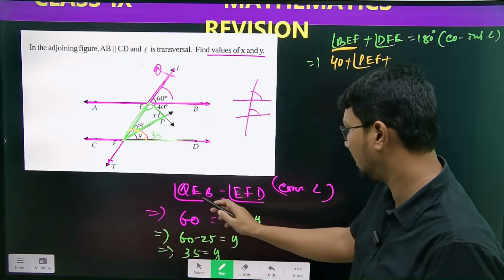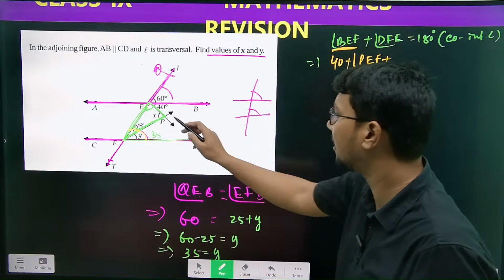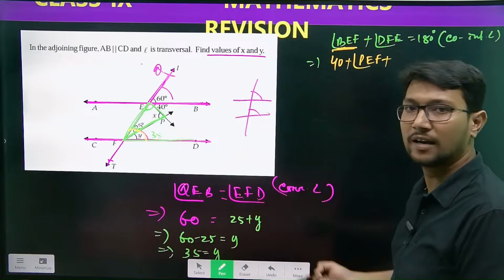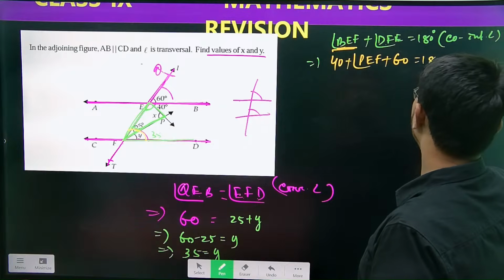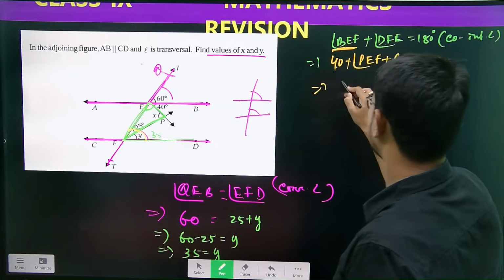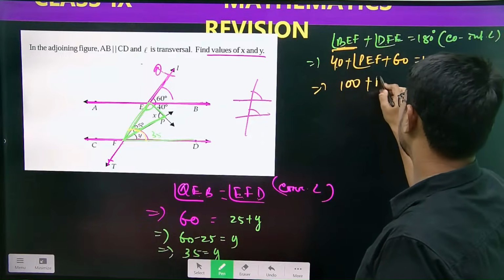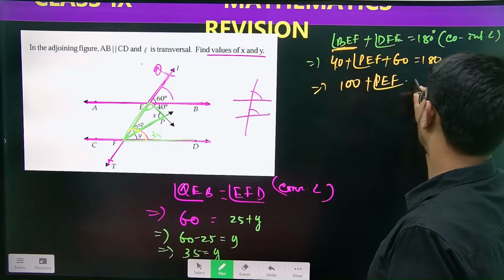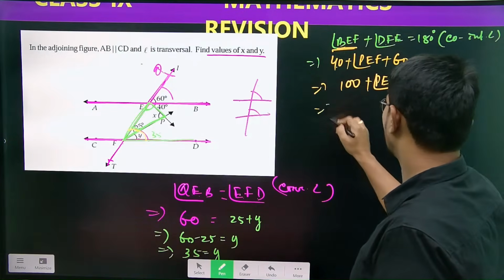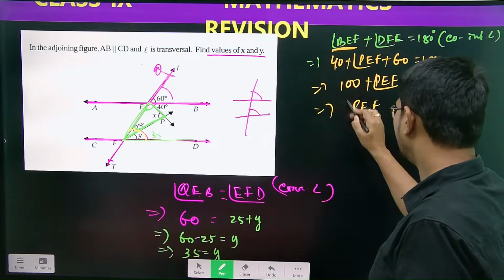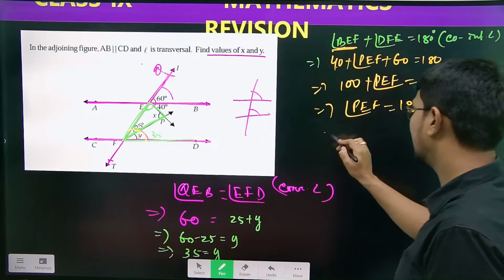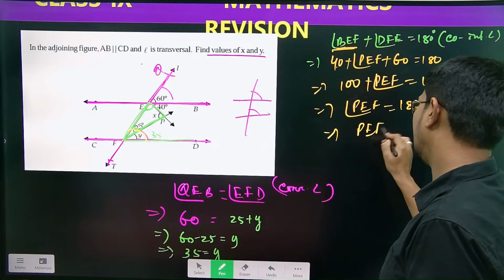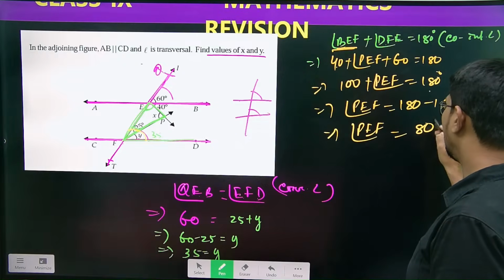So 60 plus 40 is 100, plus PEF equals 180. So PEF equals 180 minus 100, that is 80 degrees.